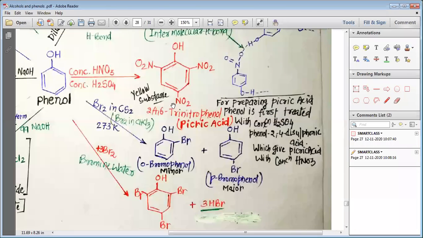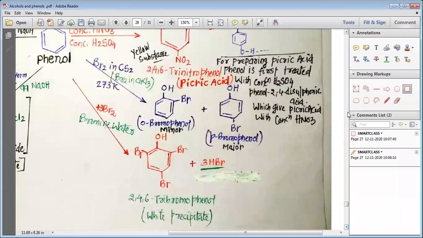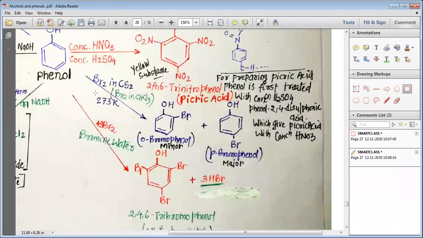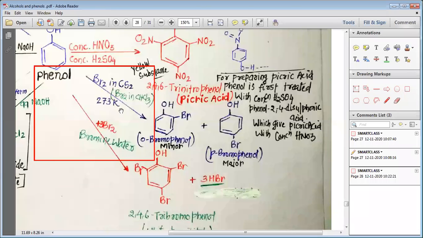So now, my dear students, we want to study the next important process for phenol, and that is known as the bromination of phenol. You can see here that phenol undergoes bromination by two different methods.